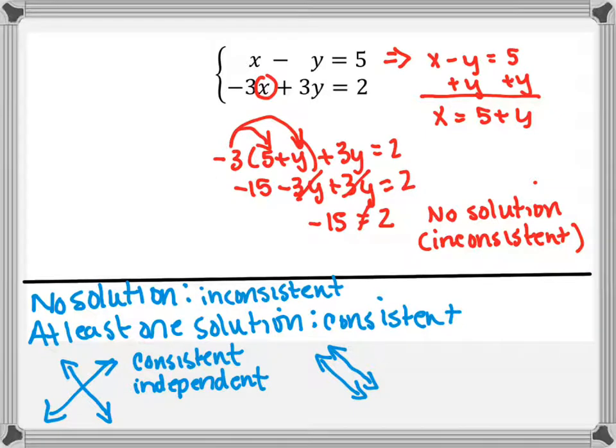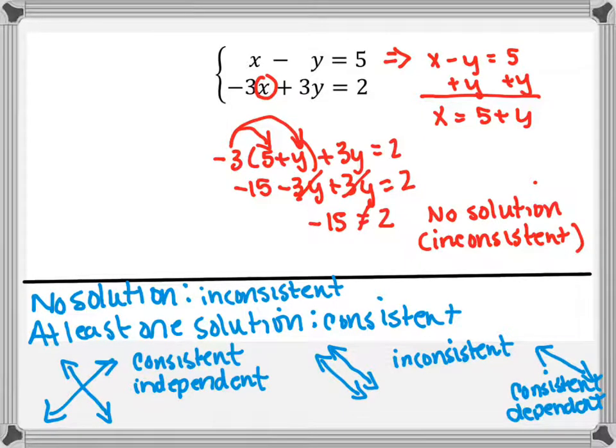If I have two parallel lines, like I would if I graphed the two lines on this slide, then I would have an inconsistent system. And if I ended up having two coinciding lines, I would have a consistent dependent system.